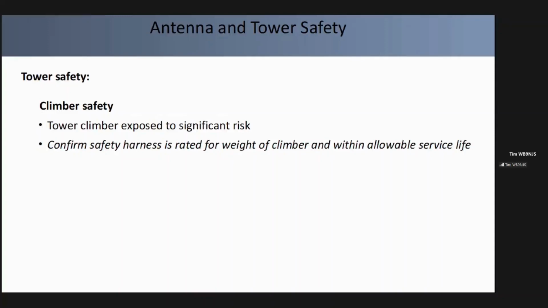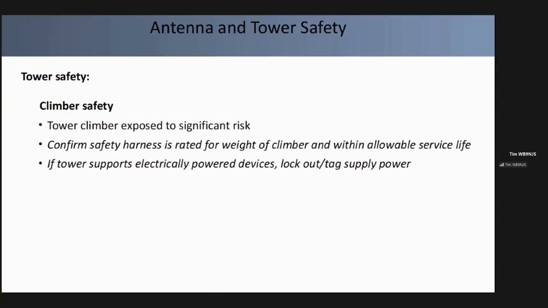When there is a fall, that stitching slowly lets go and slows the deceleration. Anyhow, another question in the pool about climber safety is: if the tower supports electrically powered devices, the power supply to those devices should be locked out and tagged. That's the answer to the question.